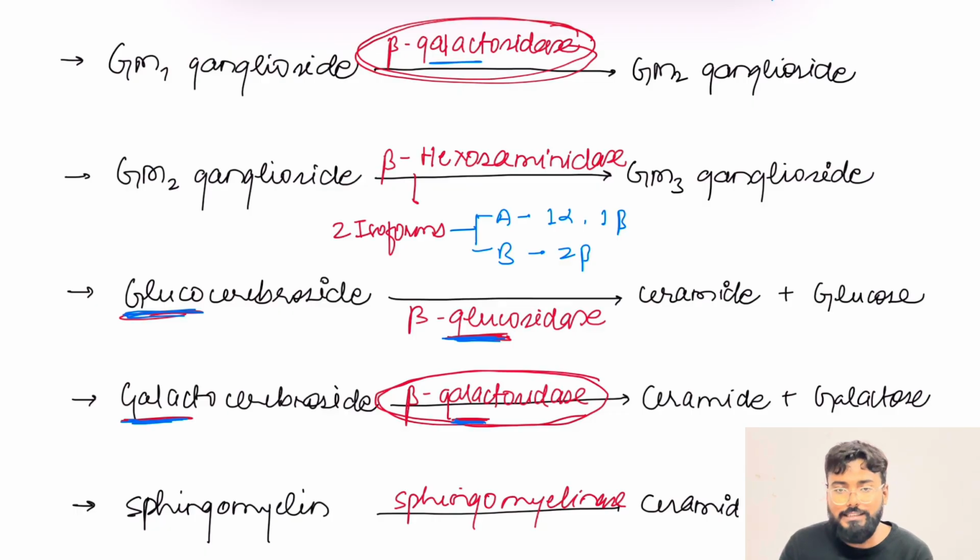So when these enzymes are defective, they are going to accumulate the substrates that these enzymes break down. These substrates get accumulated either inside the lysosome or inside the cell. In turn, these substrates are going to kill the cell, which in turn is going to contribute to the formation of symptoms of that particular disease.